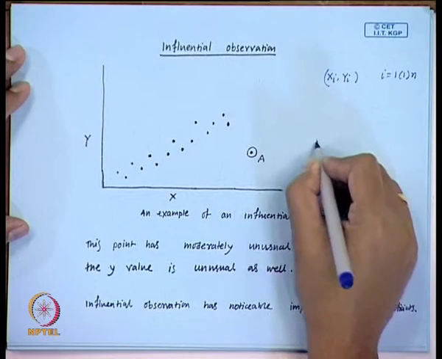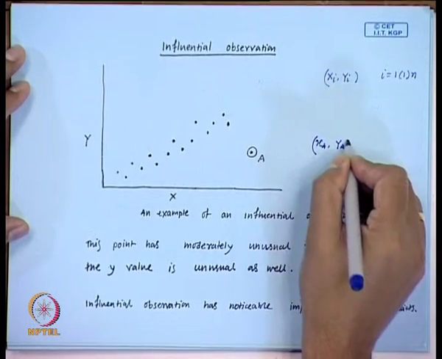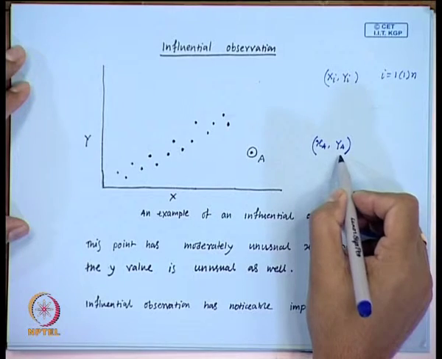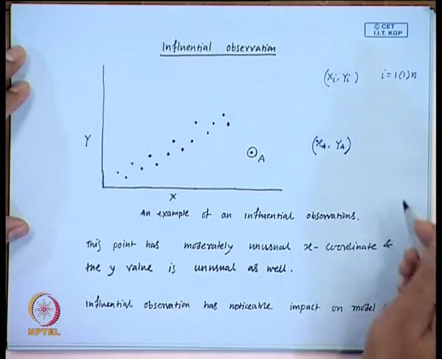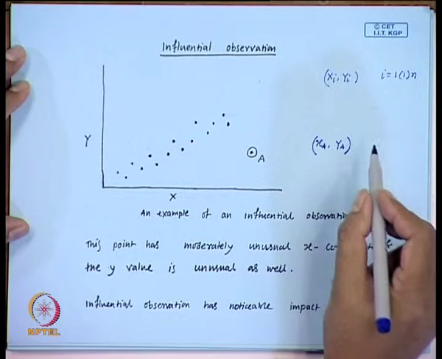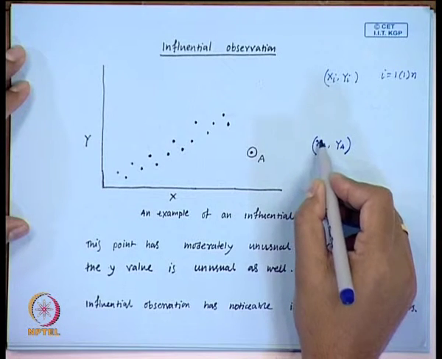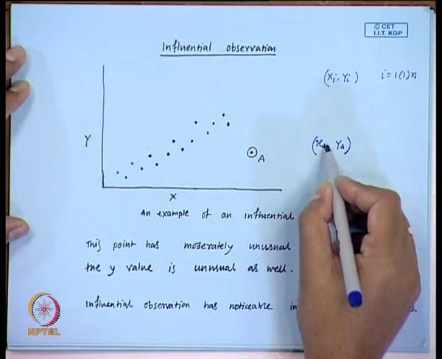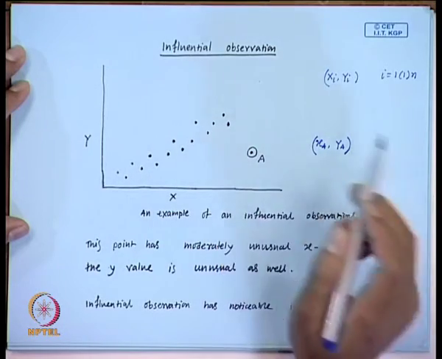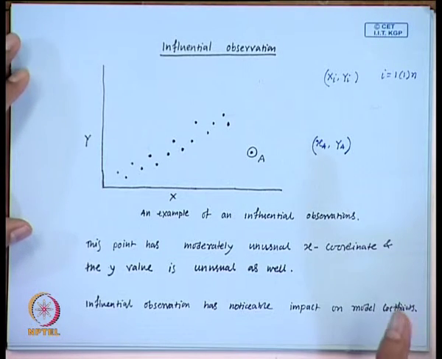So, if I say this point is, say, xa, ya, then what I want to say is that xa is different from the center of the x coordinates, and similarly ya is different from the center of the y coordinates.